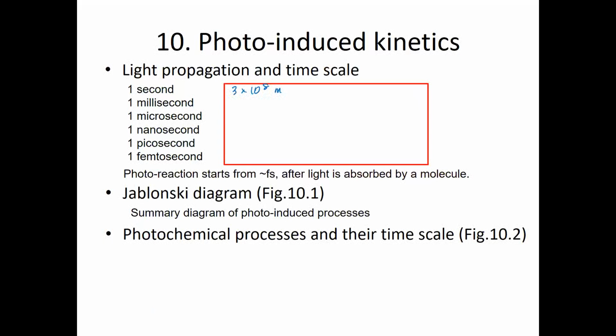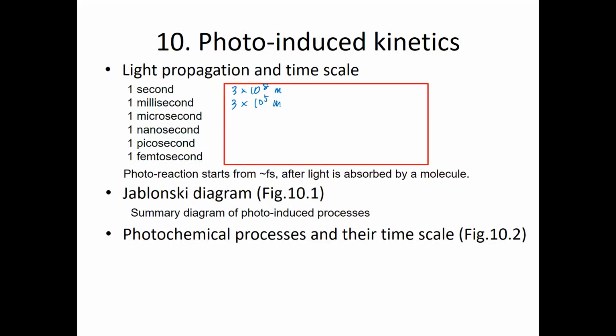And of course, at every step you multiply by 10 to the minus 3. So in 1 millisecond, it's 10 to the 5, which is too big to imagine, like 300 kilometers.